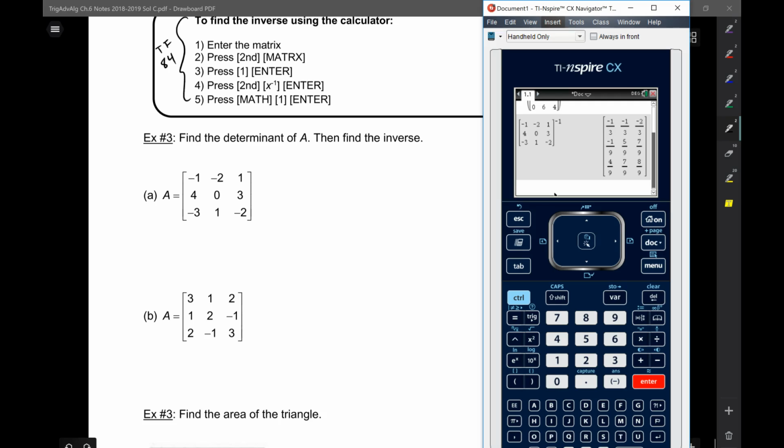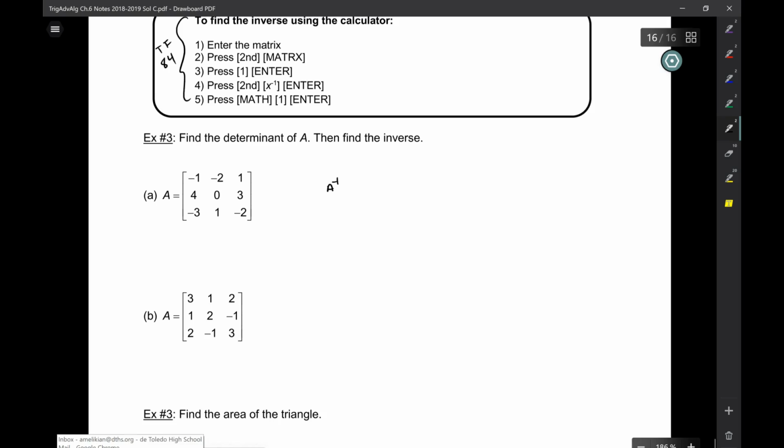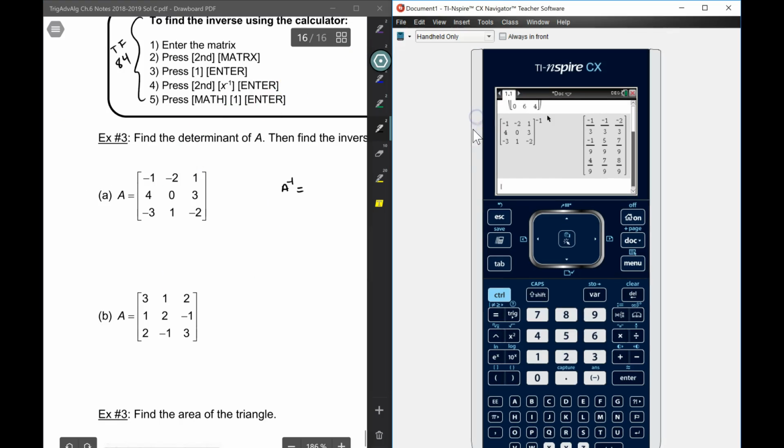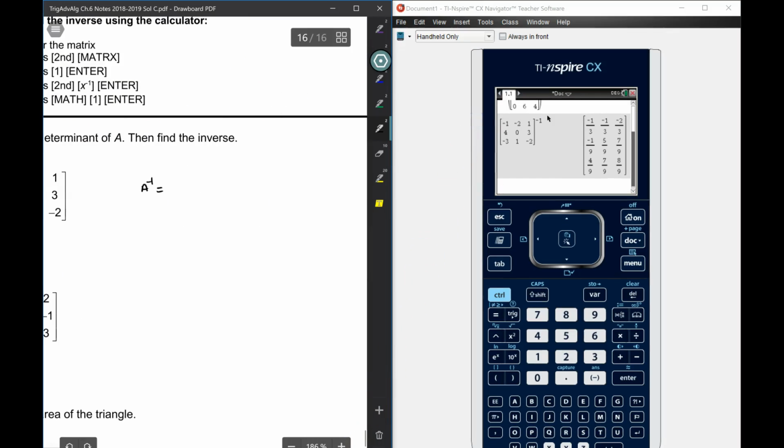So you remember how A inverse is the notation for inverse, right? So that's how we do it. So A inverse is equal to 1/3, -1/3, -2/3.